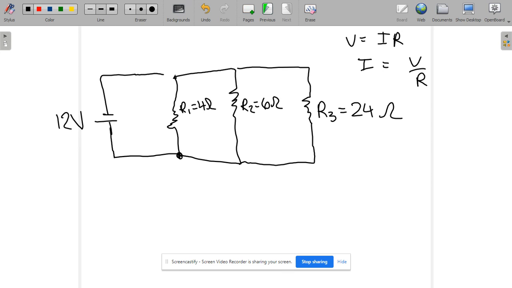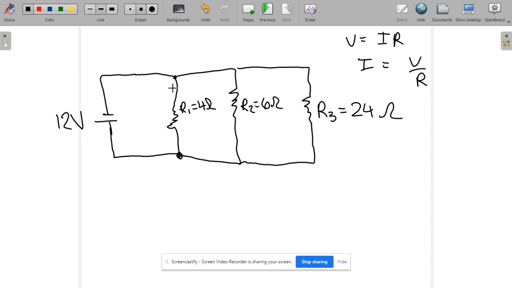So what you can do is draw a path from this resistor all the way back to that side of the battery, and you can go from the other side of the resistor all the way back to the battery without hitting any other resistors. You can do the same thing for this one, from here all the way back, and from here all the way back. So from that reasoning, we are going to conclude that each resistor has 12 volts.